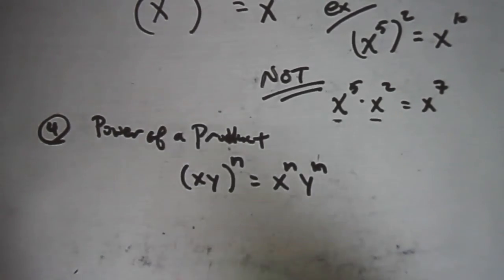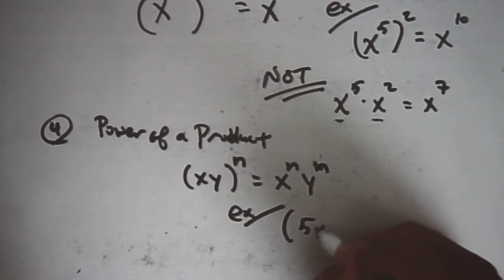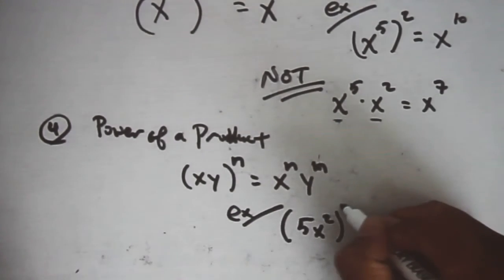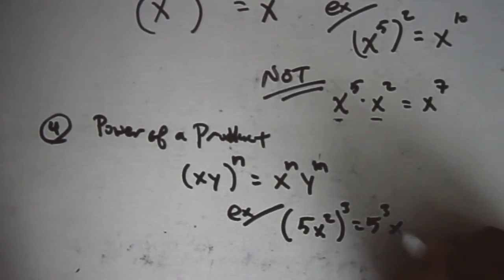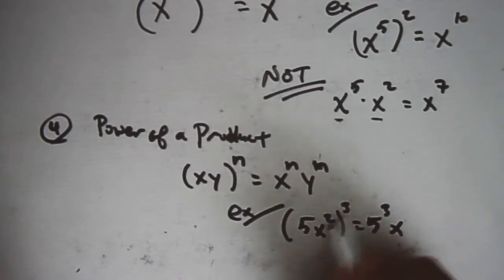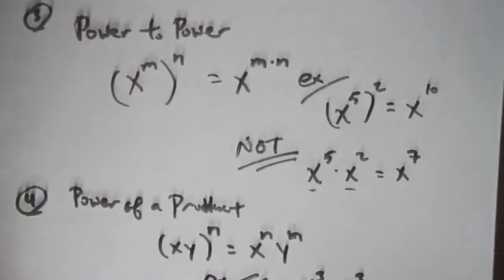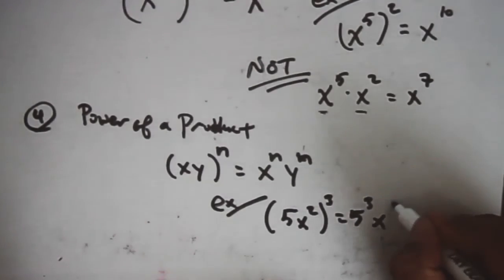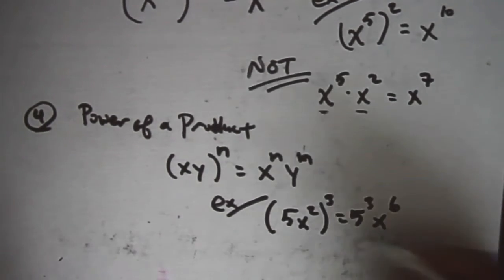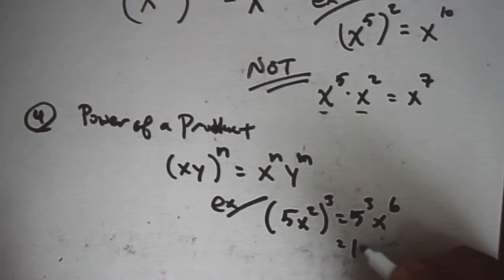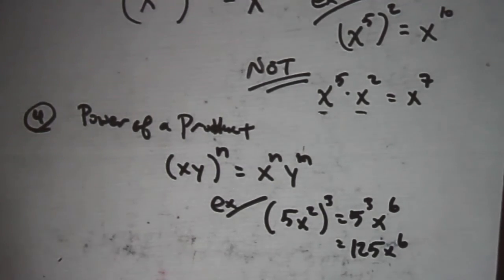Alright, so for example, if you had 5x squared, all of it to the third power, this becomes 5 to the third power, x to the, now it's power to a power, so this also gets multiplied like that very rule that we were talking about up top here. So you're going to multiply those powers together, x to the sixth power. And if you wanted to, well, 5 to the third, it's one of those numbers we should have popping out of our heads, 125 x to the sixth. Power of a product.